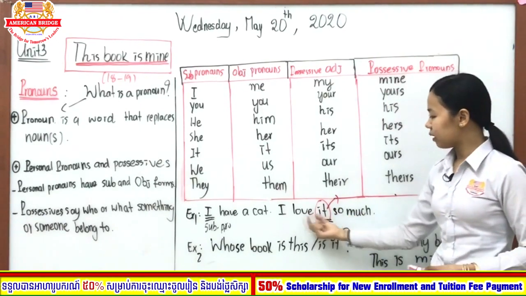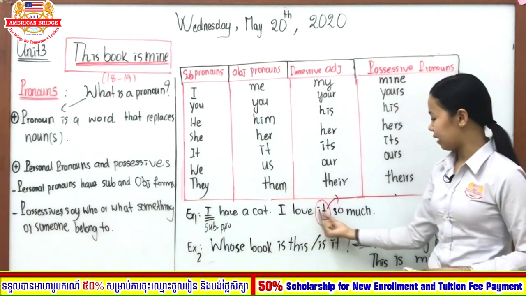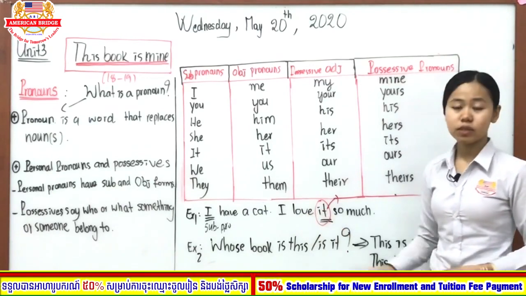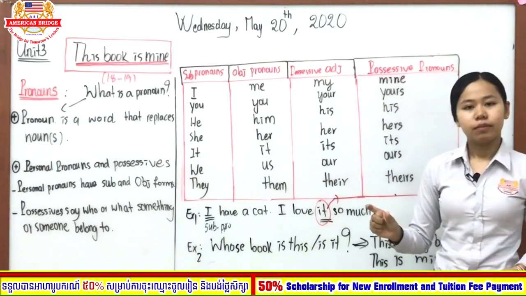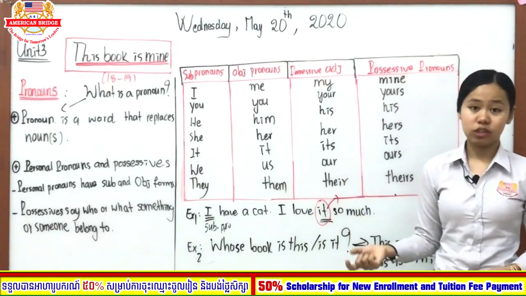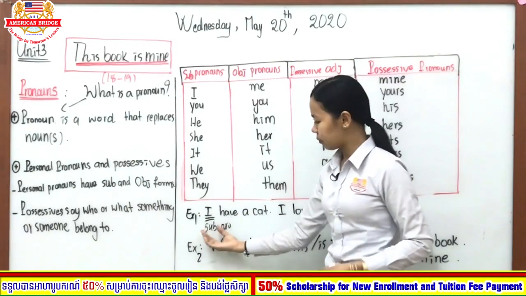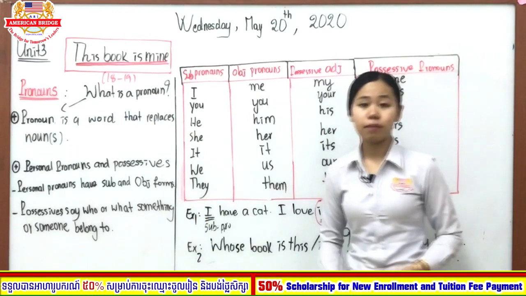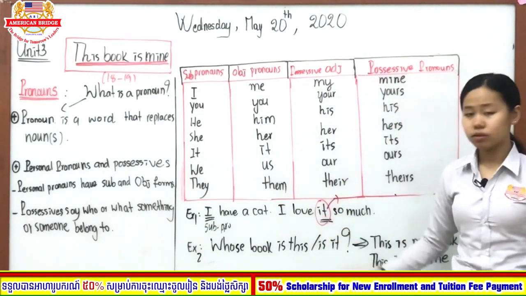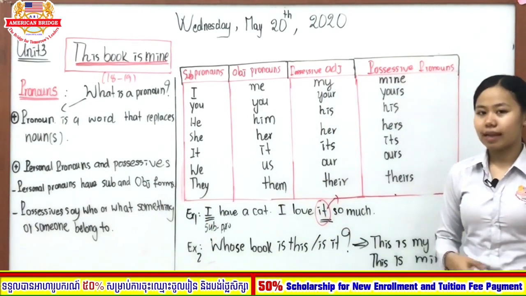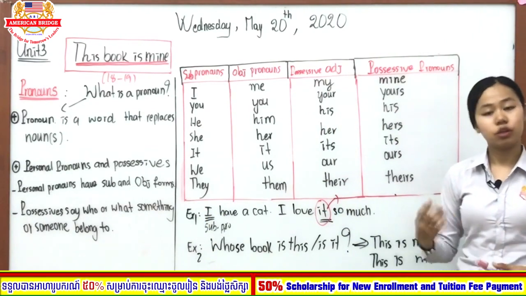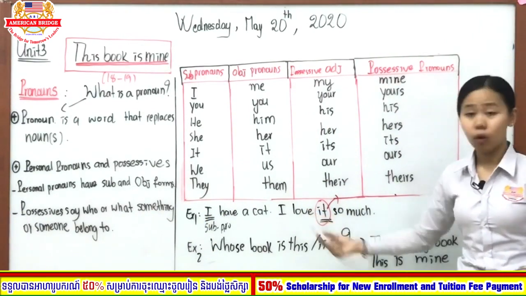Remember that when we use a pronoun as a subject pronoun, we use it in front of the verb. But when you want to use it to replace a noun and function as an object, you need to put it after the verb or the preposition.